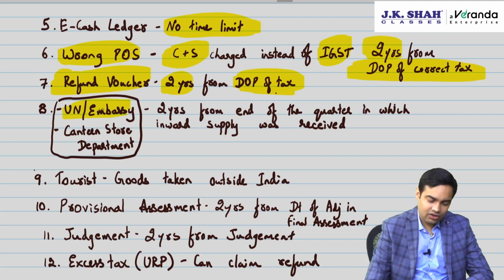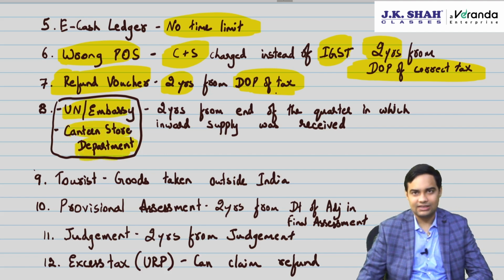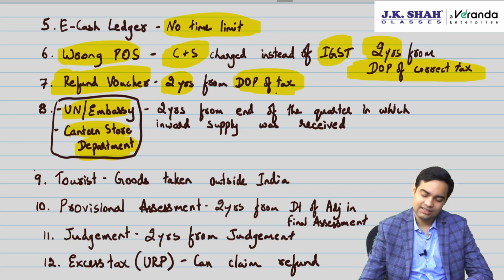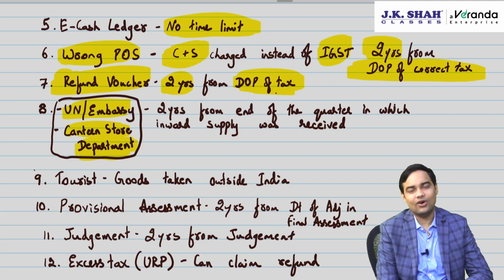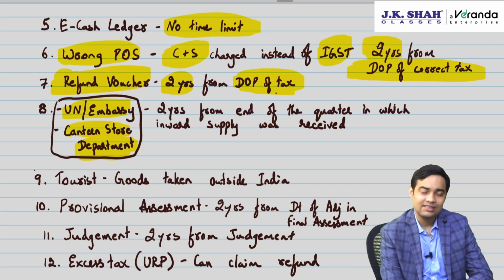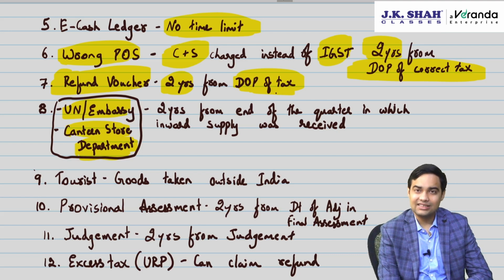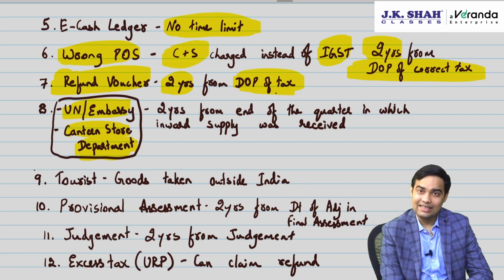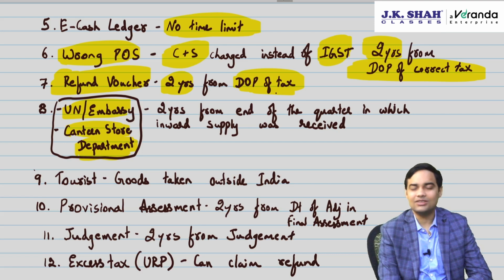UN or embassy or canteen store department. Canteen store department is of Ministry of Defense. Can they also claim a refund, sir? Yes. UN embassy or canteen store department of defense, whatever they have paid as taxes on purchases, there are some conditions that GSTR1 should be filed. For canteen store department, the supplier has filed it, he has paid the taxes in GSTR3B. Canteen store department only gives it to other canteen units or authorized supplies, which is obviously done.